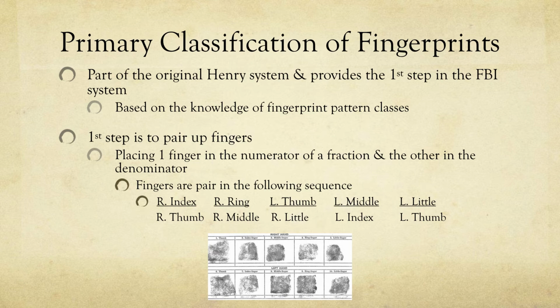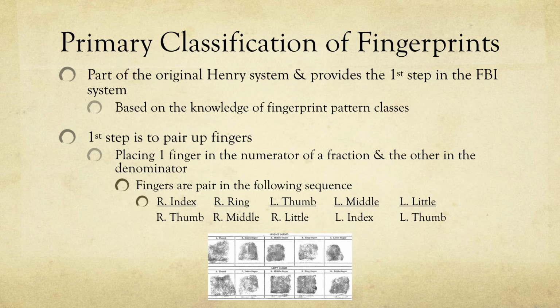So they modified and extended the system, and it is used in most agencies today. It's now known as the FBI system, which is part of the original Henry system, and it's based on the knowledge of fingerprint patterns.